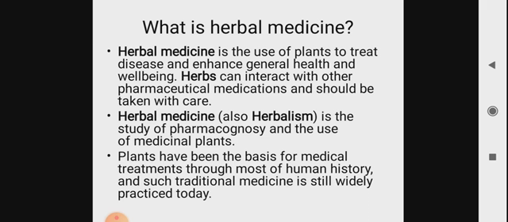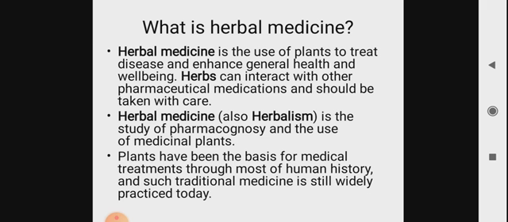What is herbal medicine? Herbal medicine is the use of plants to treat diseases and enhance general health and well-being. Herbs can interact with other pharmaceutical medications and should be taken with care.